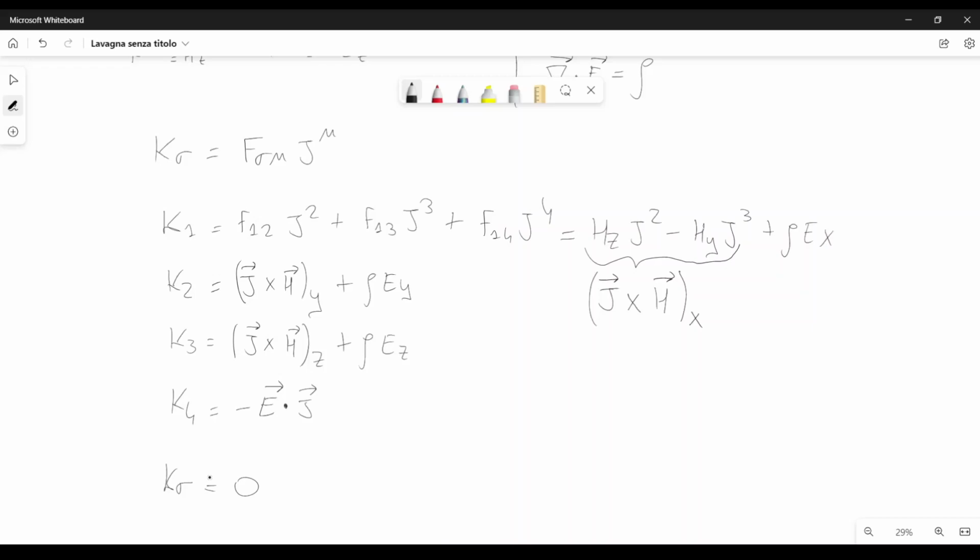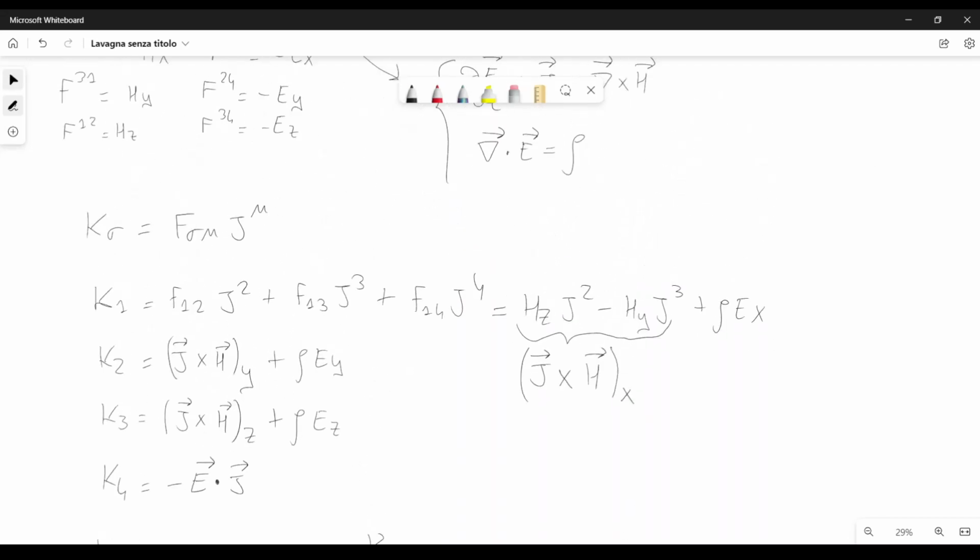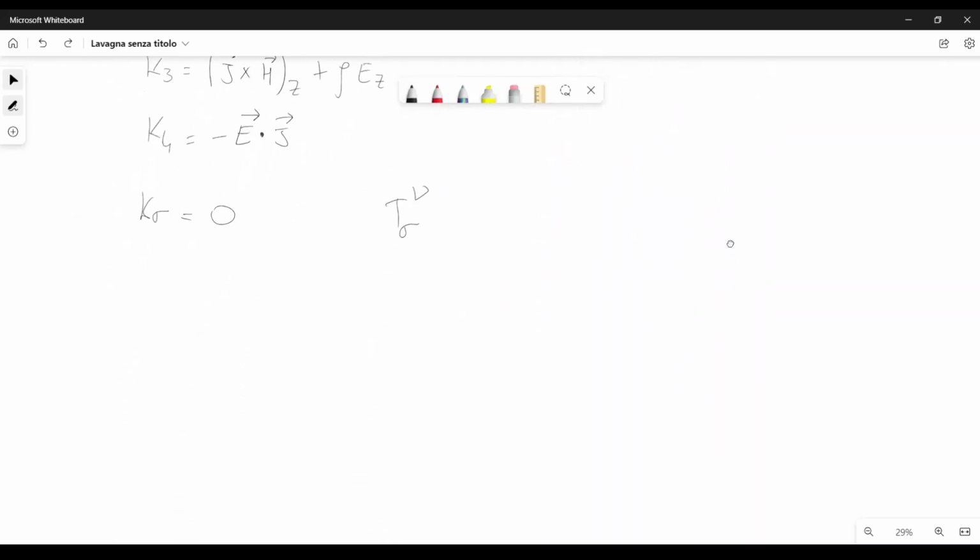In order to obtain the energy component, which is represented by T nu sigma of the electromagnetic field, we need to give to the equation that we wrote here, k sigma equal to f sigma mu j mu, a different form. And in particular, we should give it the form of an equation that we derived in previous videos.